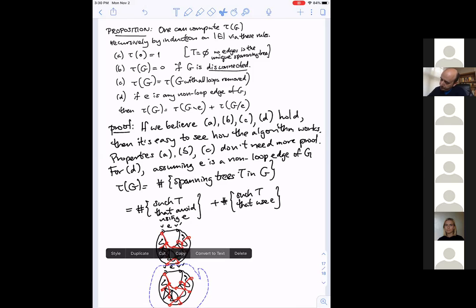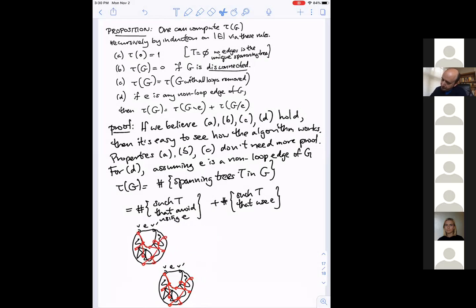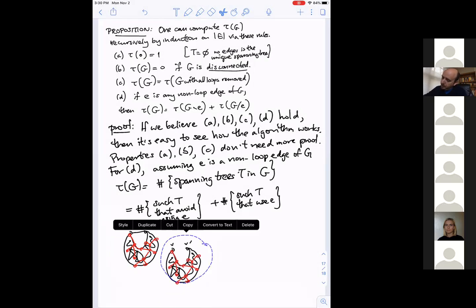Let me move this over here. Yes, I grabbed it. Okay. All right. So that red tree T, if it was in here and it managed not to use the edge E, it's the same thing as a spanning tree in the deletion.